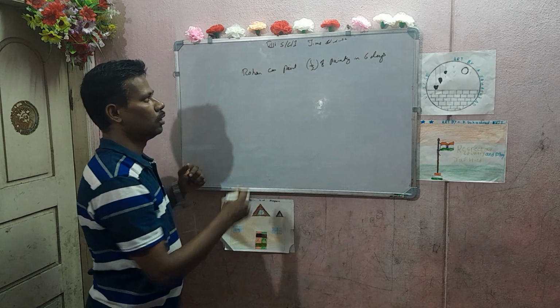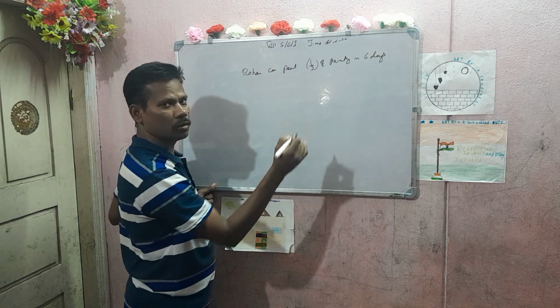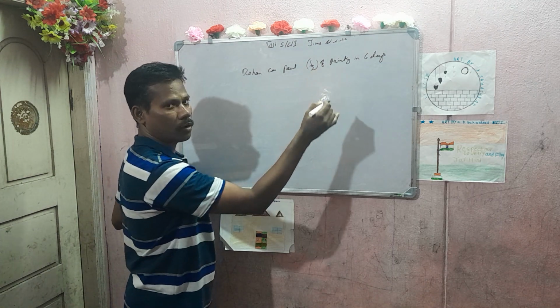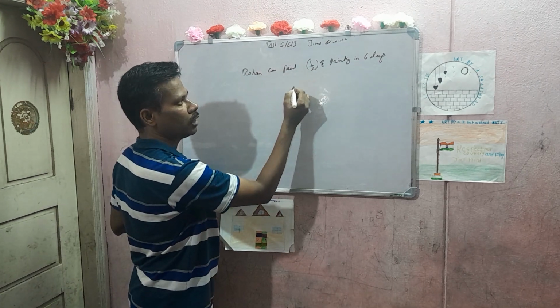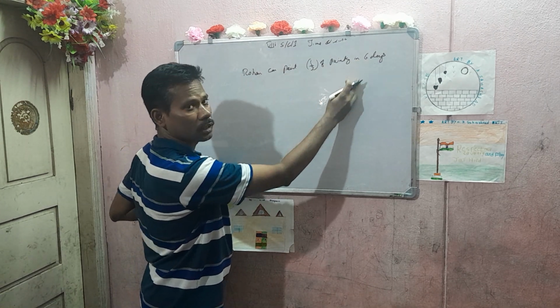So for this, when they give the fraction form, you have to multiply. Rohan can complete 1/3 of the painting in 6 days, no?